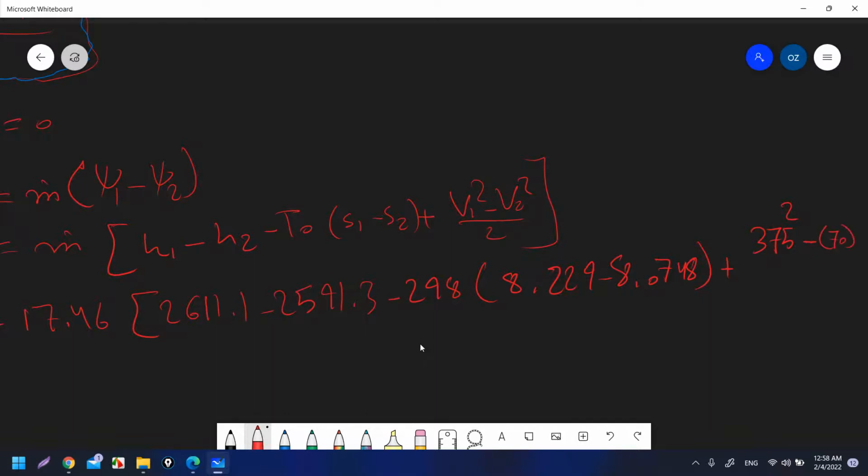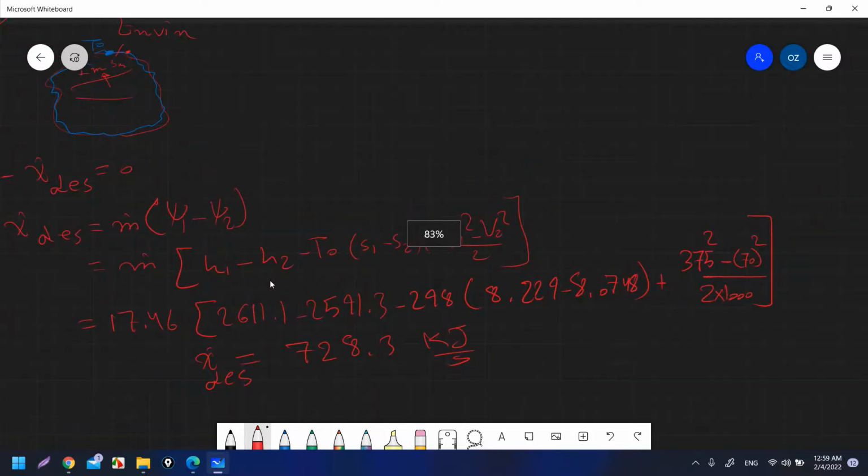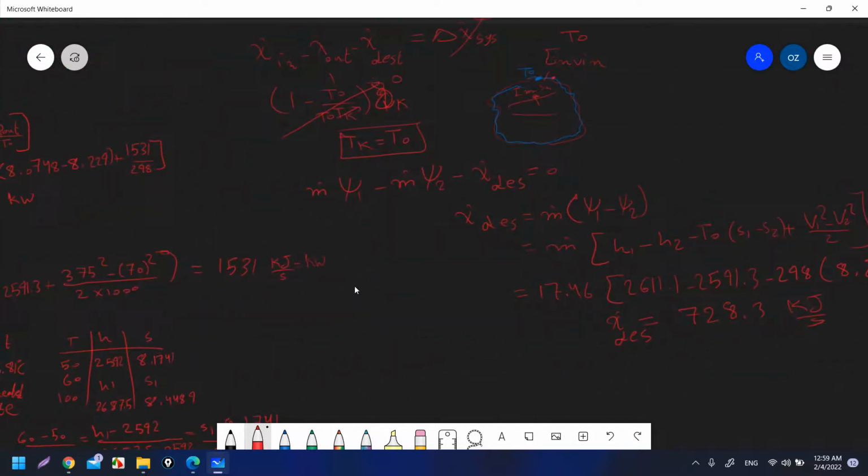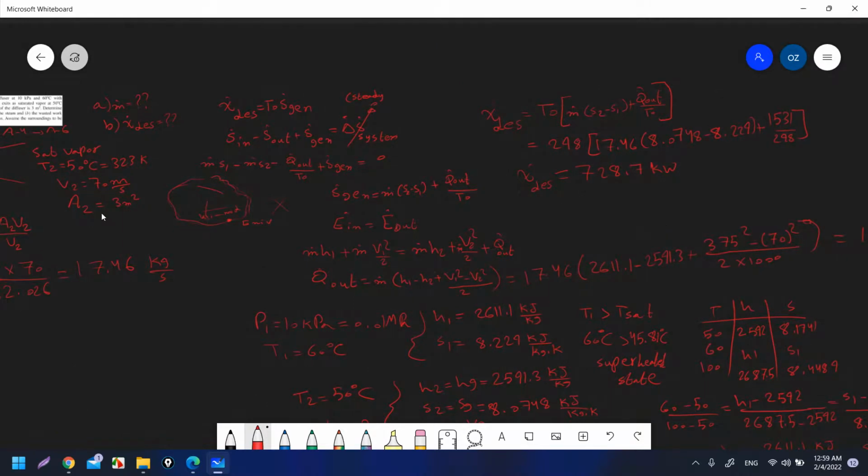Don't forget the small bracket, and don't forget to divide by 1000. This will give you X destroyed, also the same number that we got before, 728.3 kilojoule per second. It was 728.7, so it doesn't matter, not a big difference. Okay, that's the value for this question.